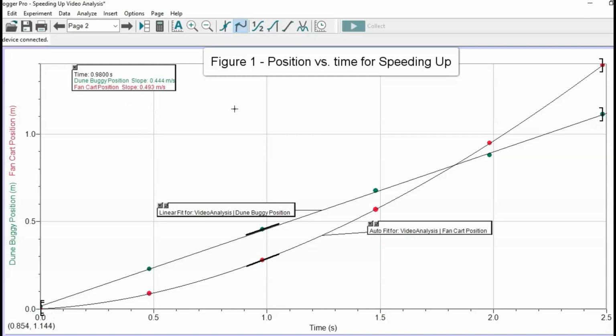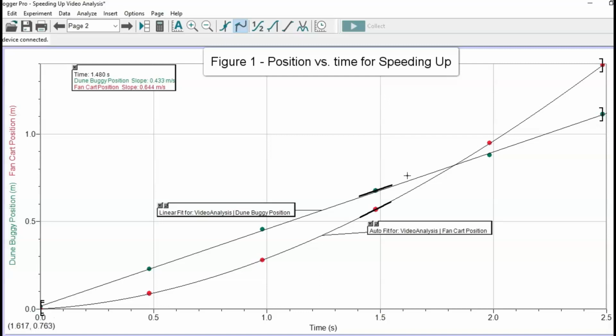When we go to the next data point, now the fan cart is going a little bit faster than the dune buggy, 0.493, whereas the slope of the dune buggy is basically the same, 0.44. If we move on to the next time data point, you can see the fan cart slope is getting even steeper, 0.644, whereas the dune buggy's slope is remaining essentially the same, 0.433.